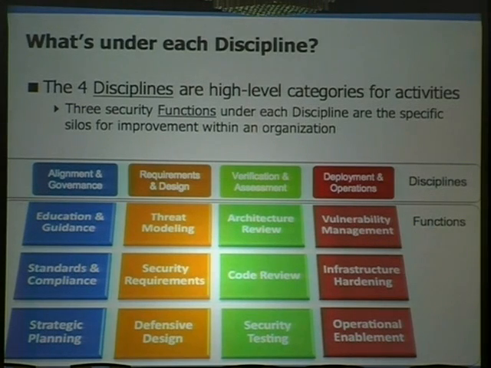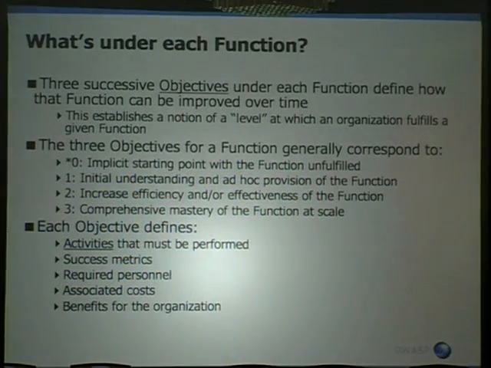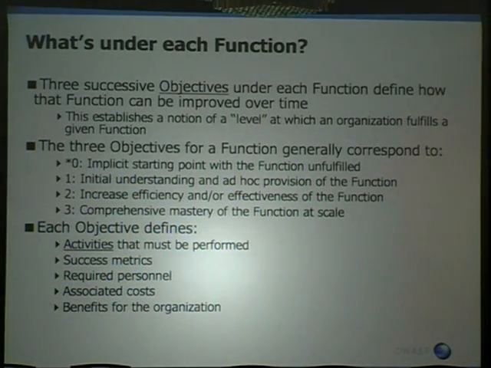So these 12 boxes are what we're calling functions, or security functions that need to be addressed within an organization. What do you get underneath each of those functions? Each function, as I mentioned before, represents an area of improvement. We've assigned 3 levels that you could achieve in each of those 12 functions.